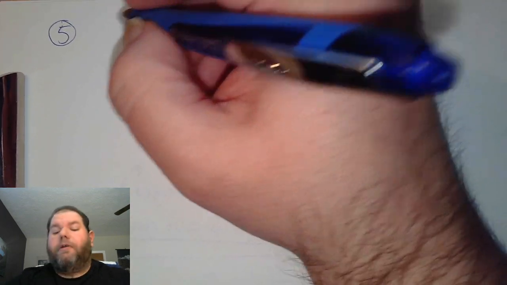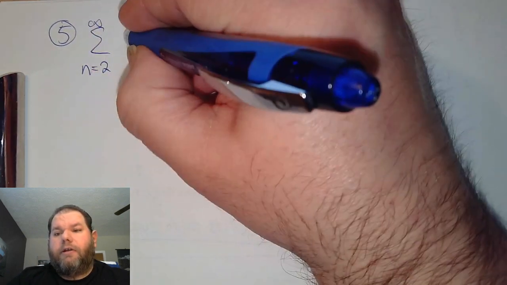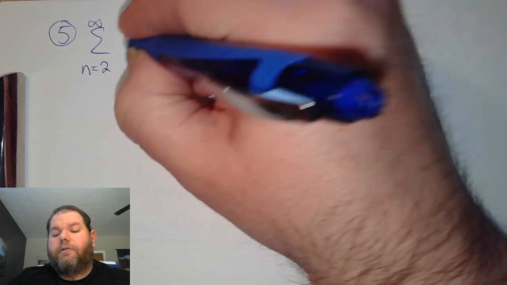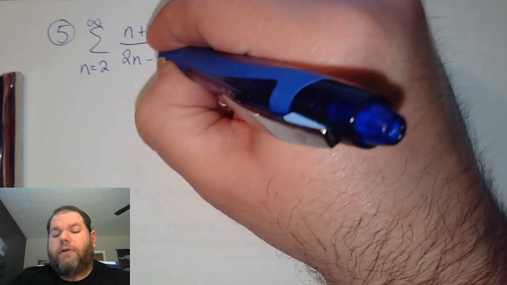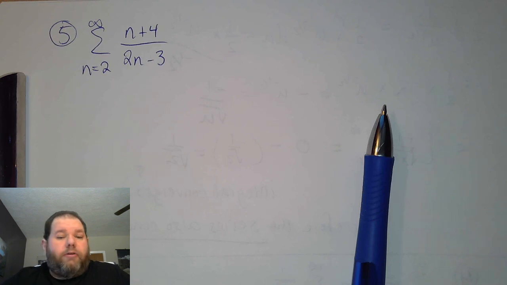Okay, problem 5. Sum n equals 2 to infinity of n plus 4 over 2n minus 3. Now, whenever we see a polynomial on the top and on the bottom of the expression, there's really two things we have in mind.